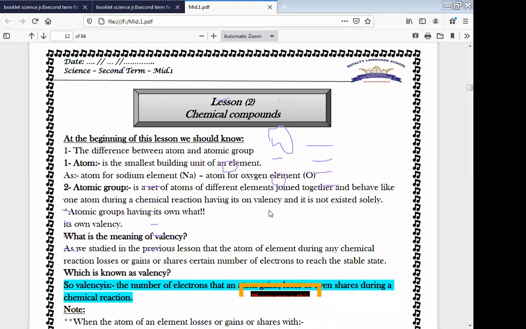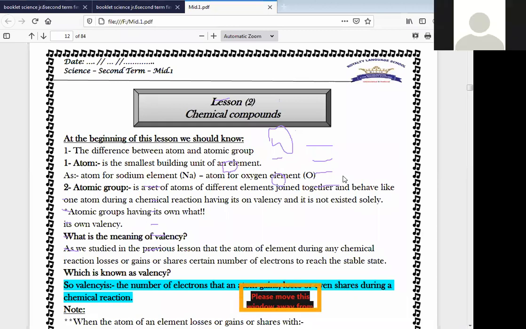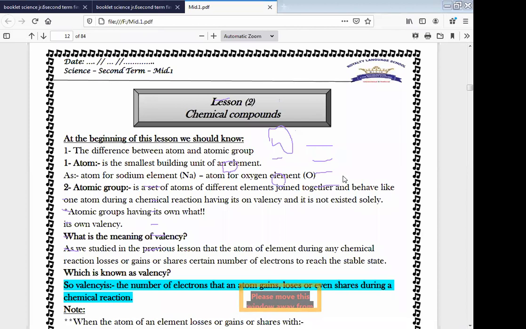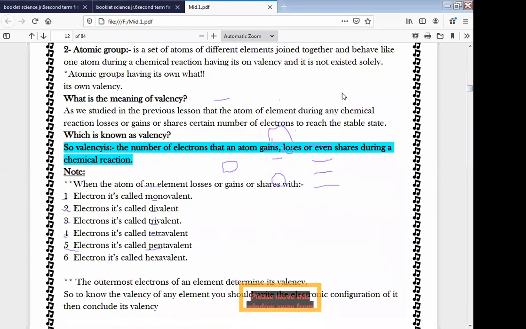What is meant by valency? We studied before that metals lose electrons, non-metals gain electrons. If we want to combine non-metal with non-metal, we will share electrons. The number of electrons gained, lost, or shared is called valency.